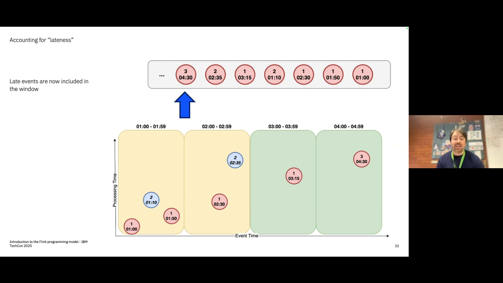And the reason for this is because the event at 4:30 has a watermark of 3:30. That means the 3:59 bucket cannot be closed. We need a new event to come through that has an event time of 5 o'clock to be able to give a watermark of 4 o'clock, which allows us to close the 3 to 3:59 bucket.